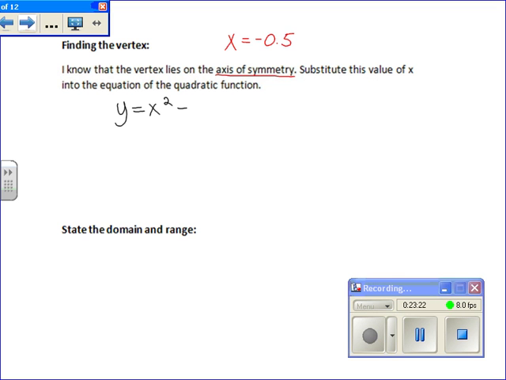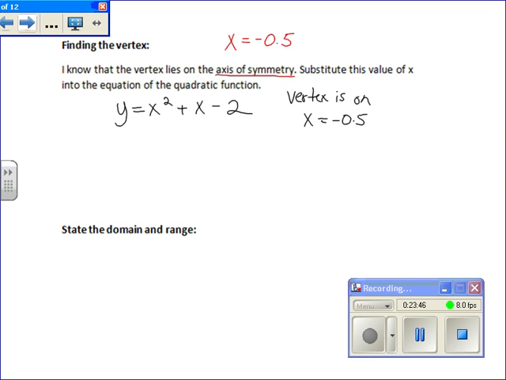So this is the equation for my whole parabola. And what I know is that anytime I put in a value for x, it tells me what the y value is at that point. Okay, and so I know that my vertex lies on the line x is equal to negative 0.5.